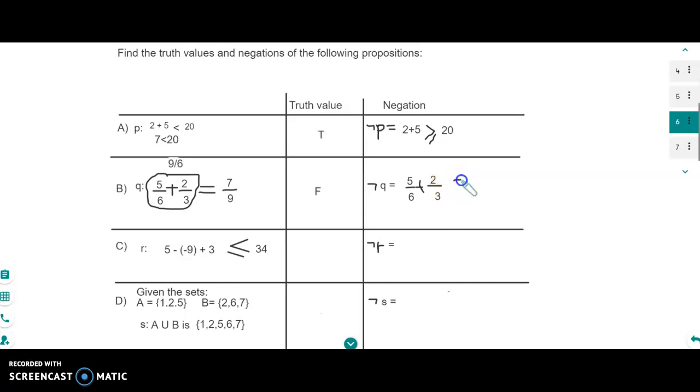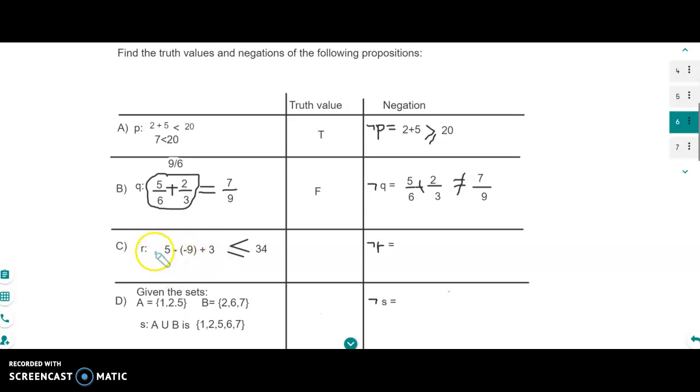We write an equal sign and then a cross line. This is the opposite of the equal sign. So it's different, because it's the negation of 7 over 9. Here we have 7 and here we have 9. So we already have the truth value, and we already have the opposite sign, the negation of equals, that is different. All right, let's continue with the next one.